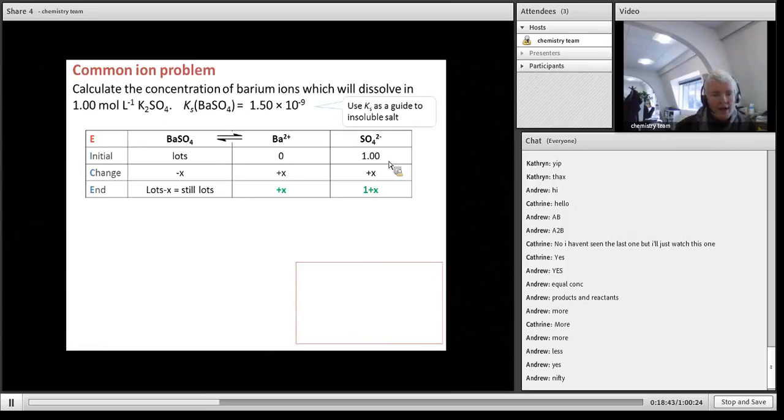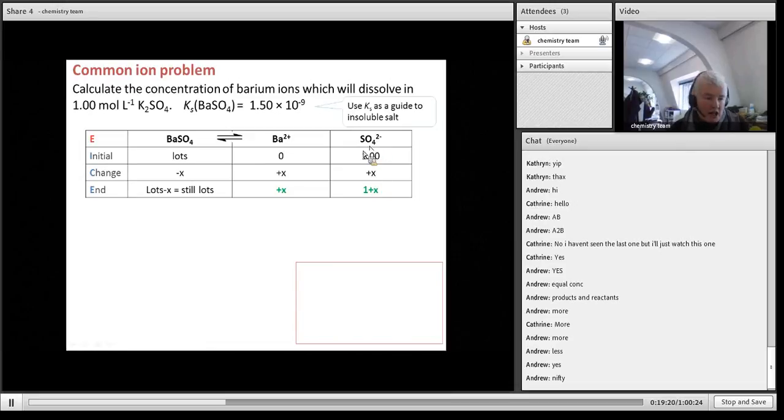Now, when I add some barium stuff in there, and I want to know how much will dissolve, the X is going to dissolve, but that barium has to be associated with the sulfate. So any barium sulfate I've got will form barium and 1 sulfate. If that is dissolved, I'm going to have 1 barium, X, because I don't know exactly how much, but I've got to have the same X amount for the sulfate that dissolves.